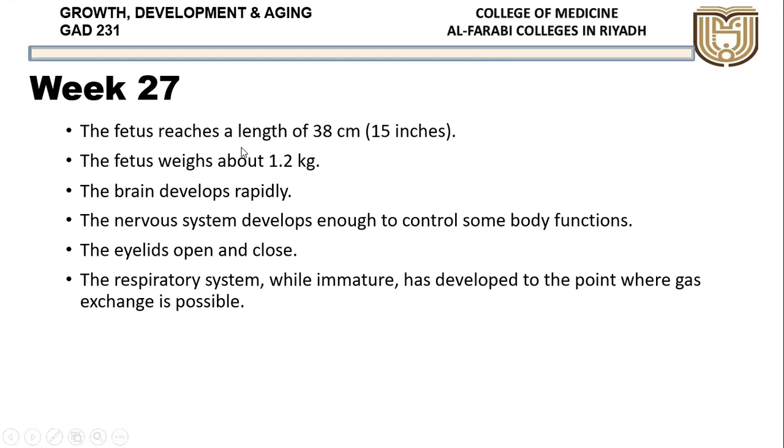Now the brain also develops rapidly. This is the time when the brain starts developing very rapidly, and the nervous system develops enough to control some body functions, not all, but at least some reflexes and body movements are controlled by the nervous system.